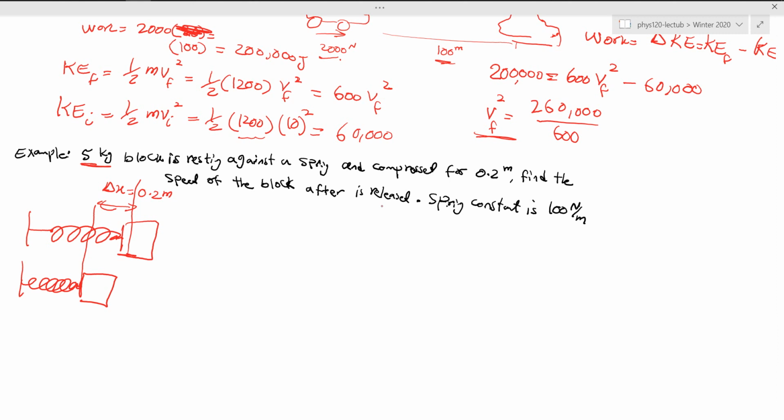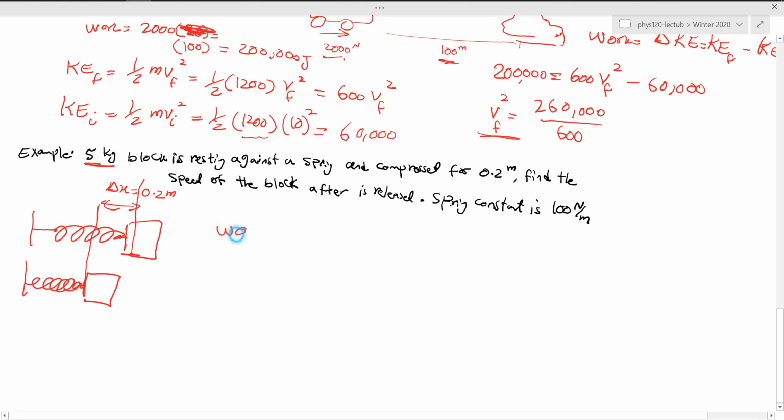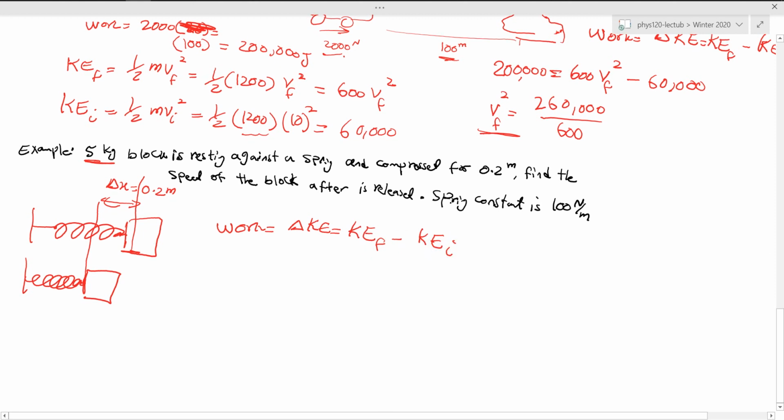So we have a kinetic energy and we have a work. So we can say work is equal to delta KE, which is KE final minus KE initial. So your initial velocity is 0 because it's simply resting, right? When we say resting, half of m v initial to the power of 2 is 0.